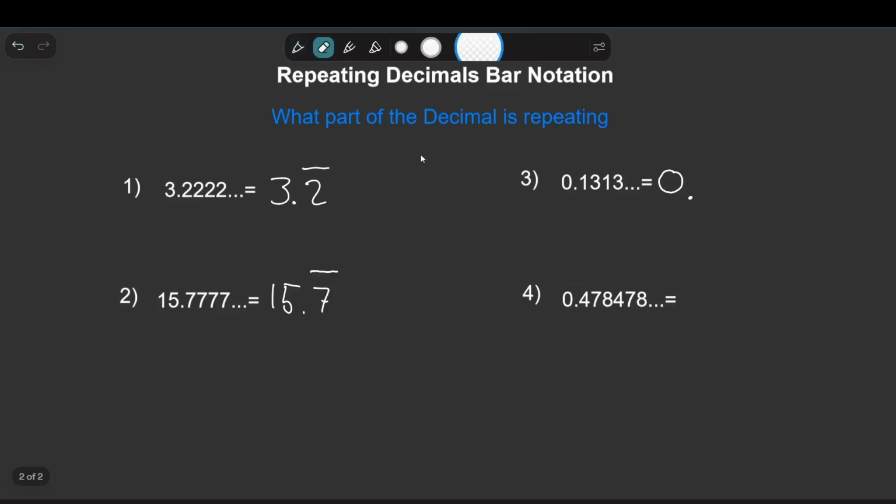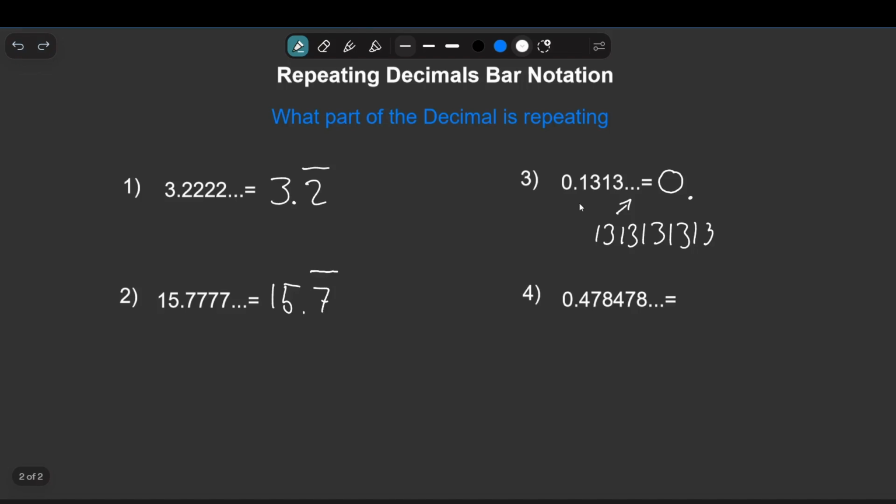So the dots over here say it keeps repeating the 1313. Or because it keeps repeating, you can say 13. Now we look at the problem and ask, what 2 digits keep repeating themselves?